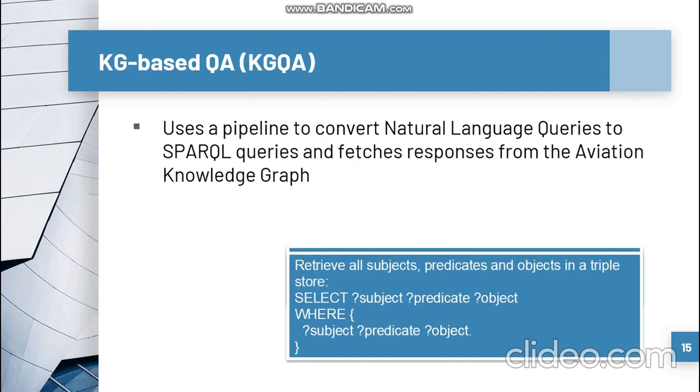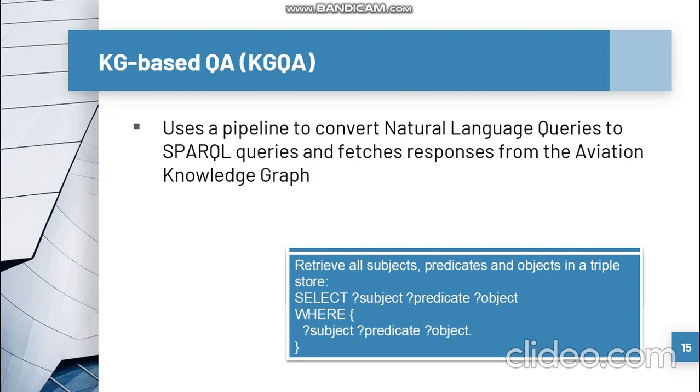So, how does it work? How does a query get generated? Here we have SELECT ?subject ?predicate ?object. So it contains triples, and as the name says itself, a triple consists of three things: subject, predicate, and object.